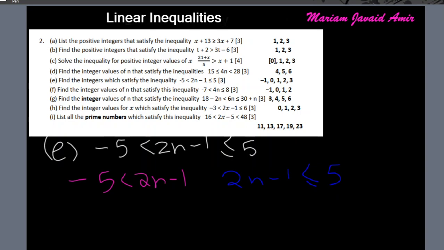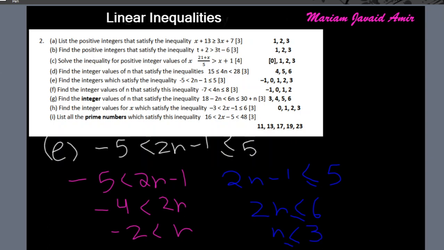Simplified, this becomes minus 1 plus 1 is minus 4 less than 2n, and minus 2 less than n. And here we get 2n less than equal to 6, and n is less than equal to 3.